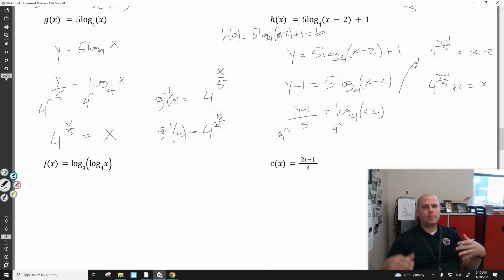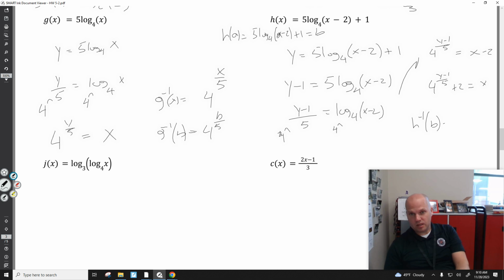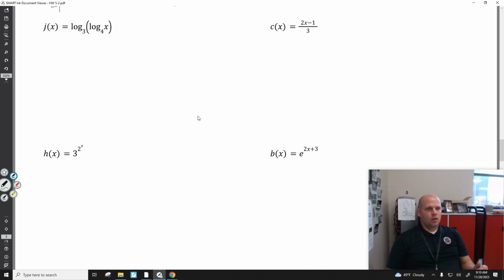We solve for a. We'll have h inverse of b will equal 4 to the b minus 1 over 5 plus 2, which equals an a. Back it up.